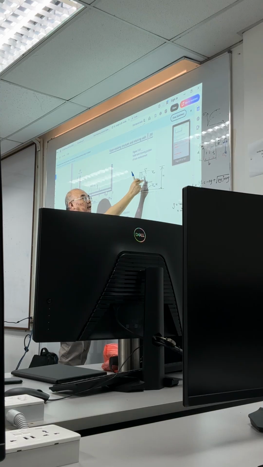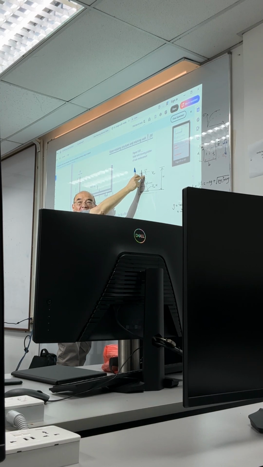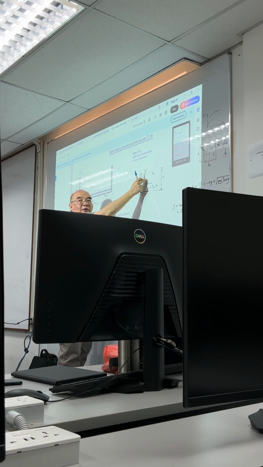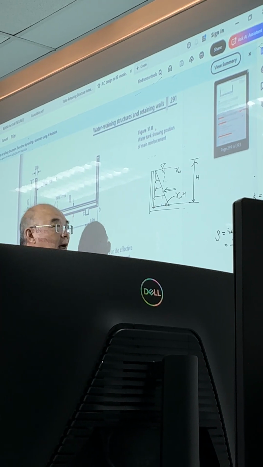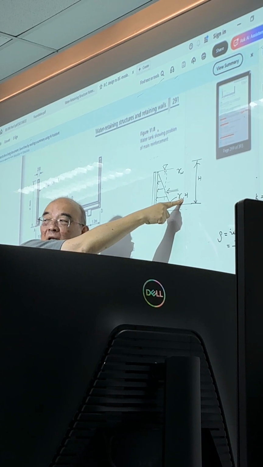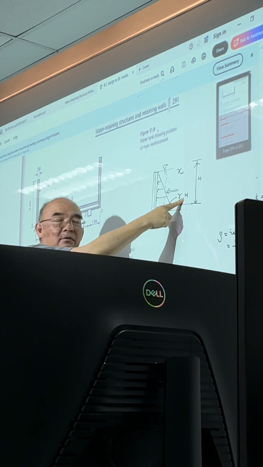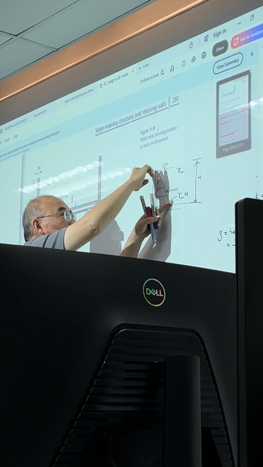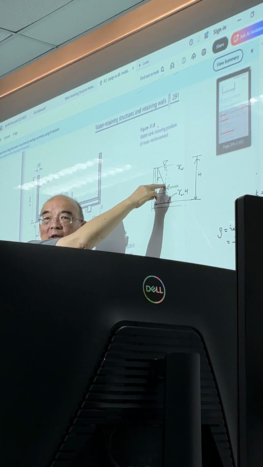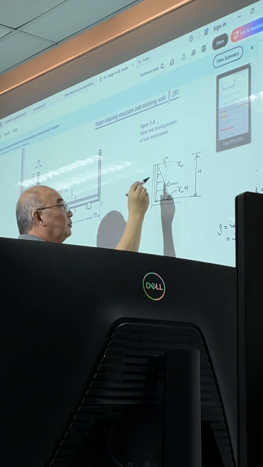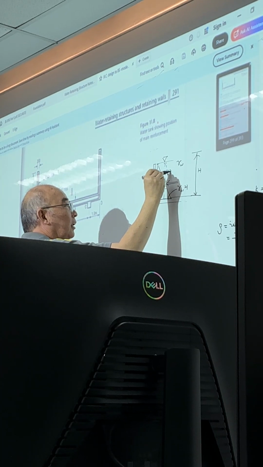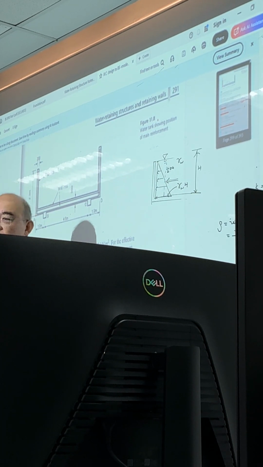That means this one I go and fill this thing up, right? So what is this average stress? This average stress will be half of gamma h. This is gamma h. Average is in the middle, so this will be half of gamma h, average stress.